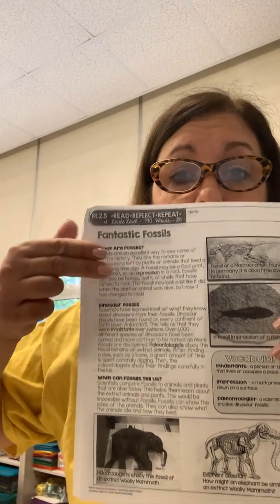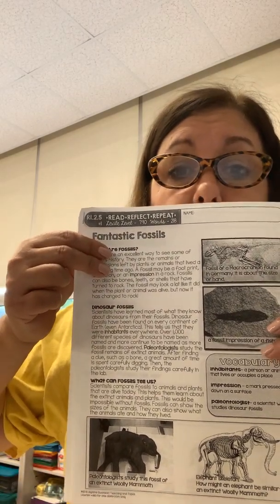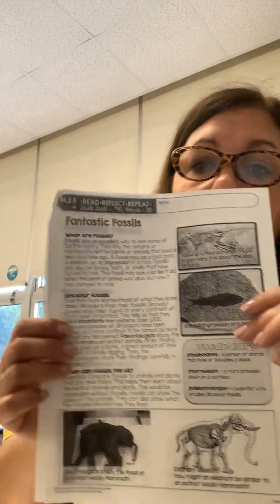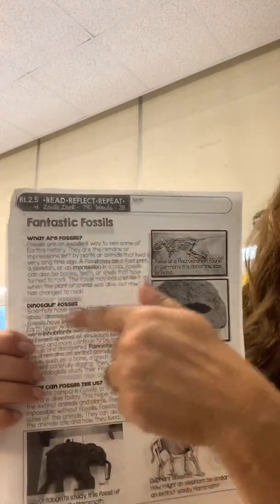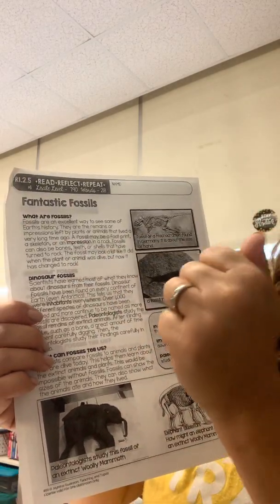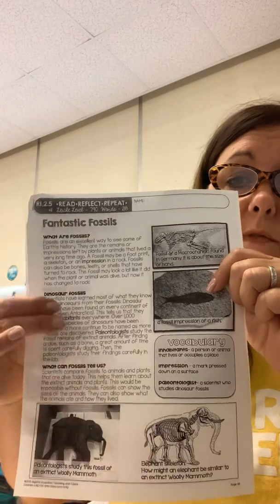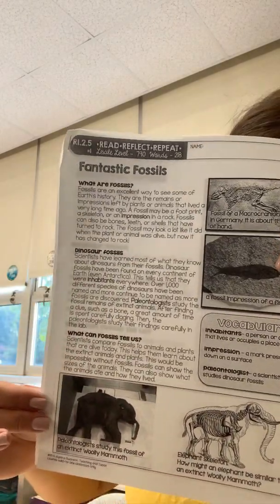Maybe on Monday you read this part, and on Tuesday you might want to read this part, and on Wednesday you might want to read this part. But you know, by reading what are fossils, you can find that information there. Dinosaur fossils and what they can tell us. So the information is broken into easy pieces.